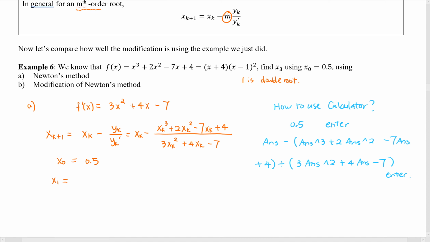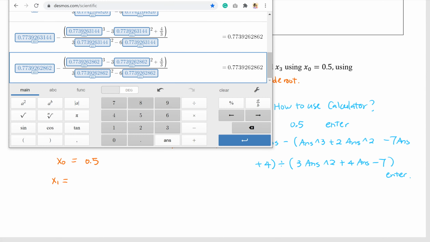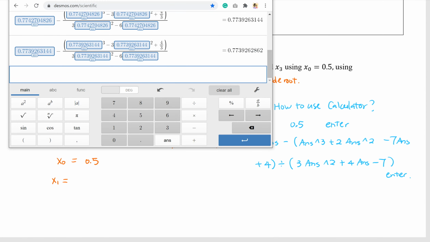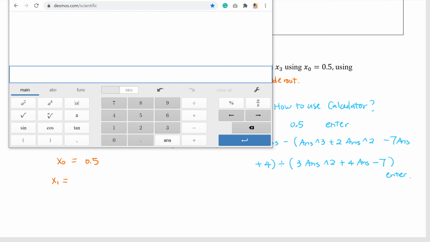Now let's plug in our calculator. We first do 0.5, enter.